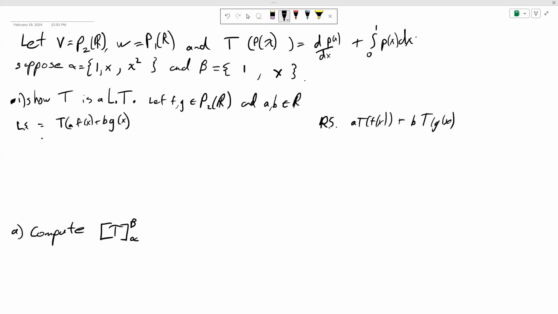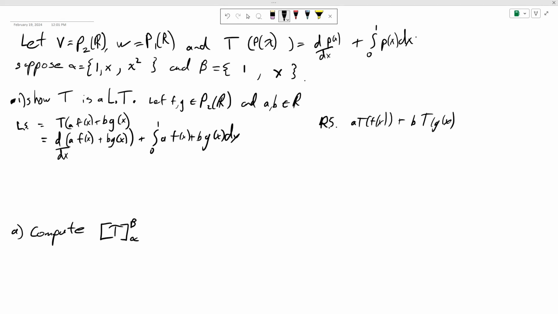And our left-hand side is going to equal the derivative with respect to x of A f of x plus B g of x, plus the integral from 0 to 1 of A f of x plus B g of x.